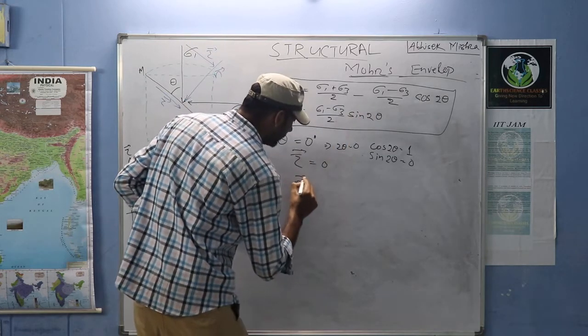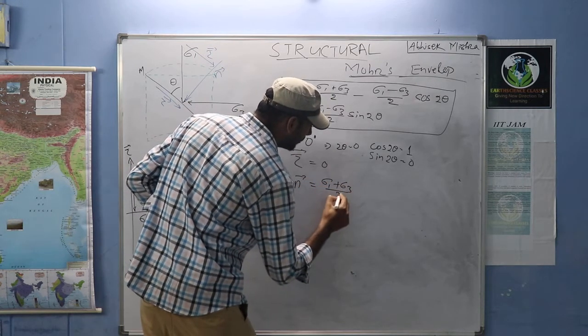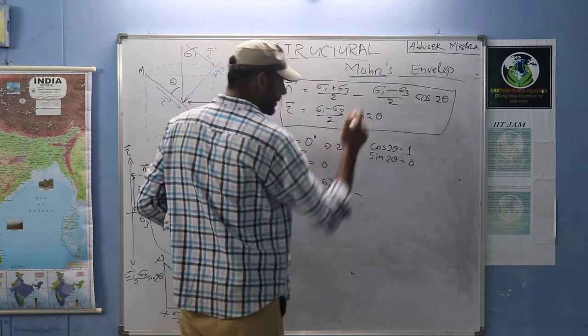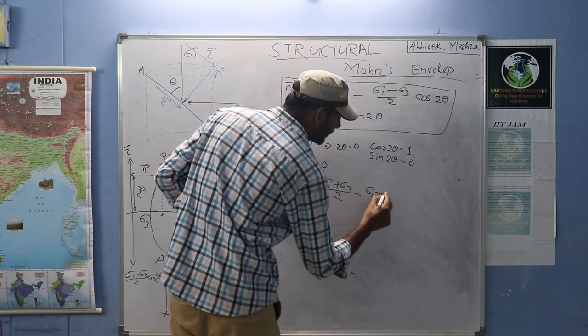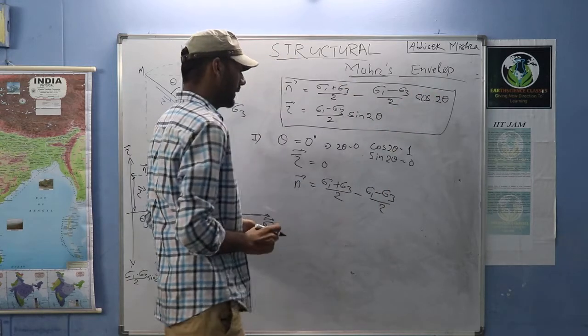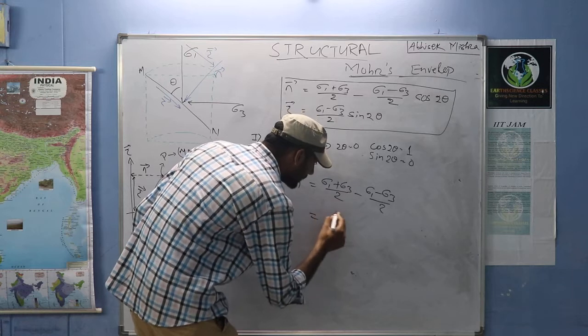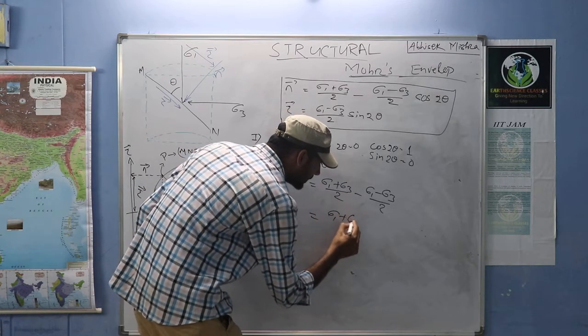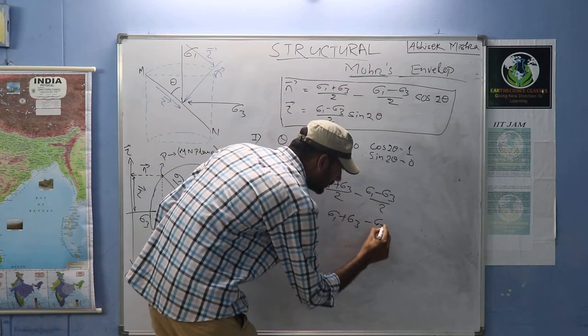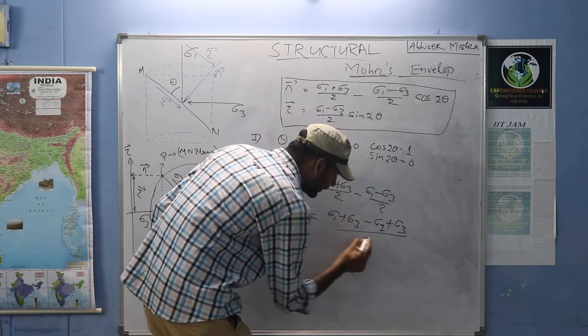Normal stress will become (sigma 1 plus sigma 3)/2 minus (sigma 1 minus sigma 3)/2, with cos 2 theta becoming 1. So by calculating this, sigma 1 plus sigma 3 minus sigma 1 plus sigma 3, divided by 2.